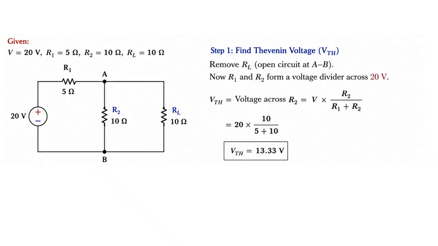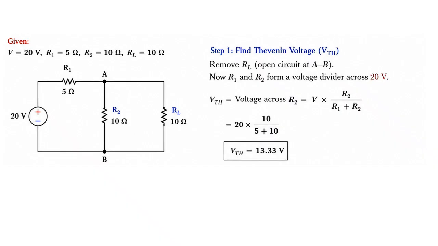the Thevenin's voltage, that is Thevenin's voltage VTH. For finding out the Thevenin's voltage VTH, first we have to remove the load resistance, that is, we have to open circuit at AB. After open circuit at AB, now R1 and R2 form a voltage divider across the 20 volts. So we can put the Thevenin's voltage directly in the formula, that is V into R2 by R1 plus R2.